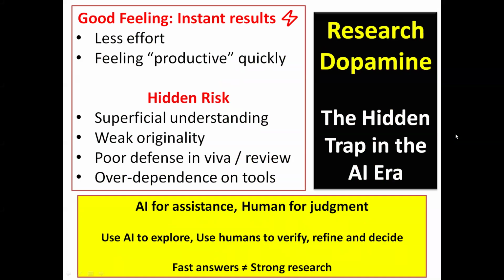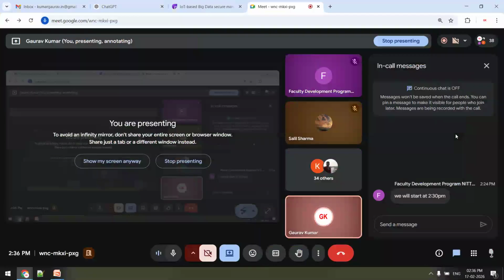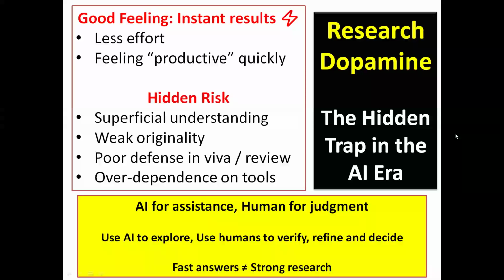So first of all, we will discuss this particular term known as research dopamine. It is directly associated with AI hallucination. AI hallucination means whatever content AI is generating, it is hallucinated content, content that gives the feeling that it is correct.